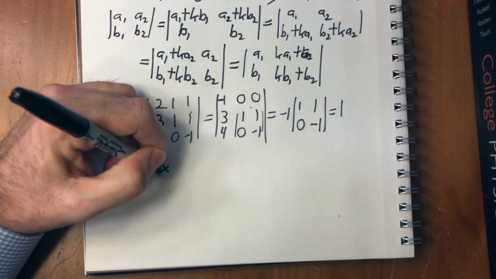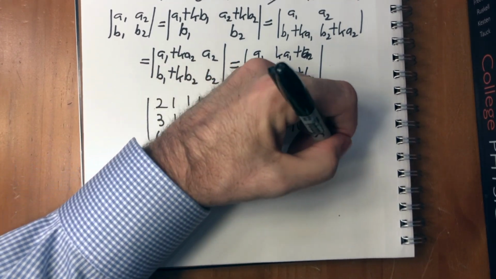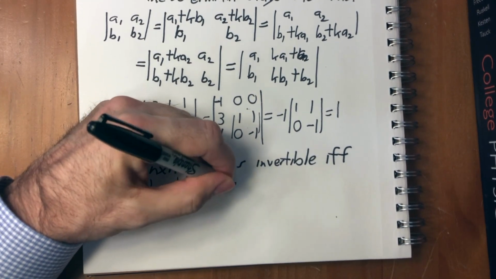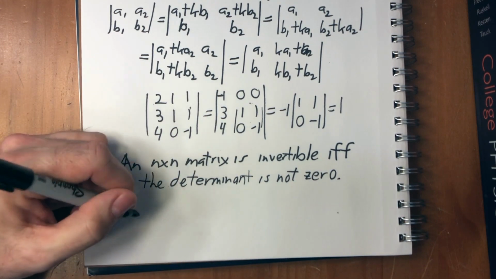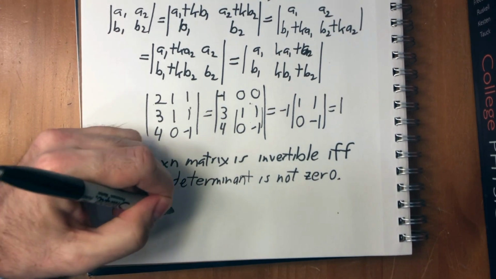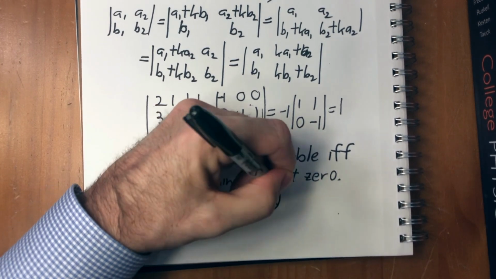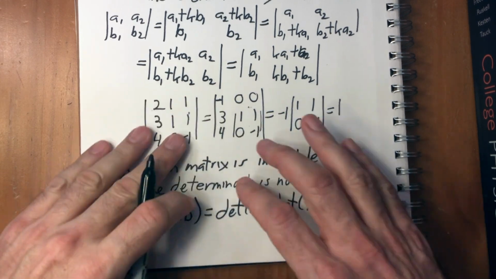A basic theorem of linear algebra states that an n by n matrix is invertible if and only if the determinant is not 0. Another basic property is that the determinant of A times B equals the determinant of A times the determinant of B.